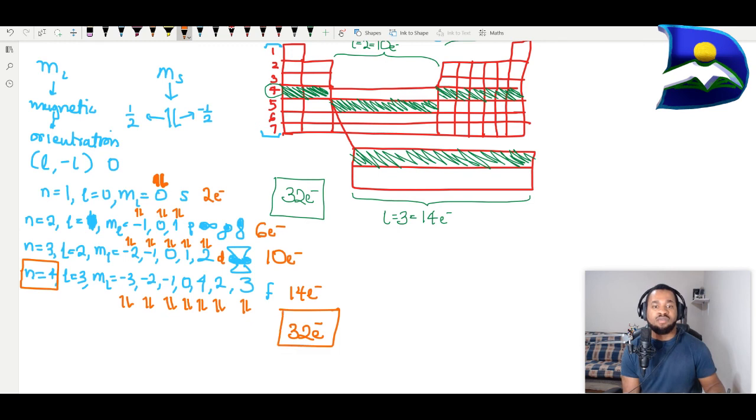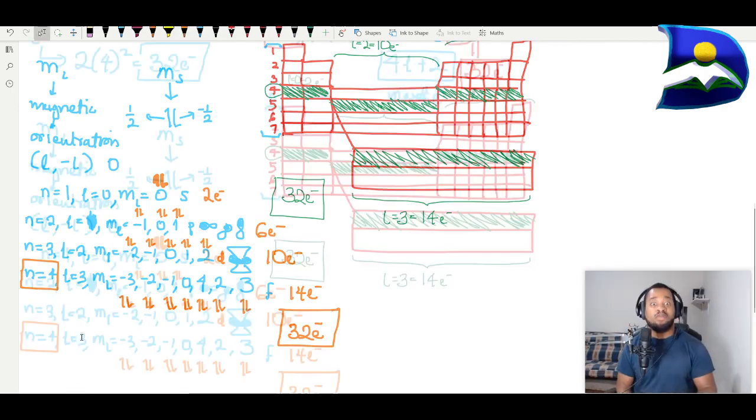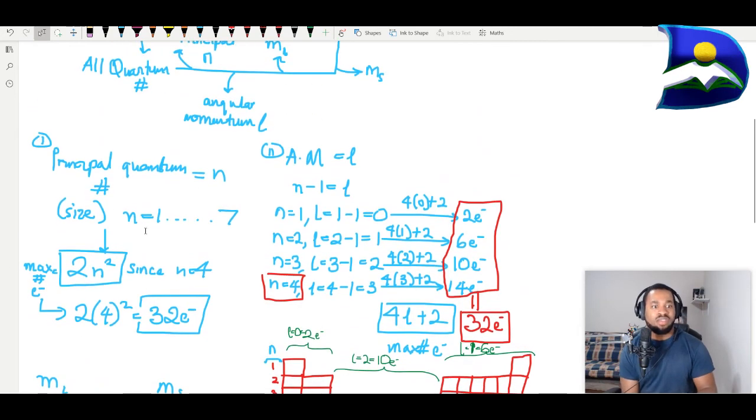In this video, we're not only able to determine the total number of electrons using the principal quantum number through our formula 2n to the power of 2 to get 32, but you can also use the angular momentum, which is L, by first deriving L using n minus 1, and then using 4L plus 2 for each of the energy levels up to the principal quantum number in question.